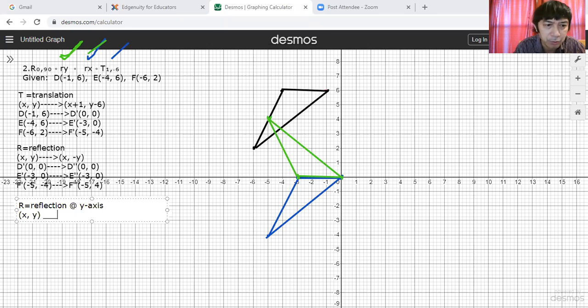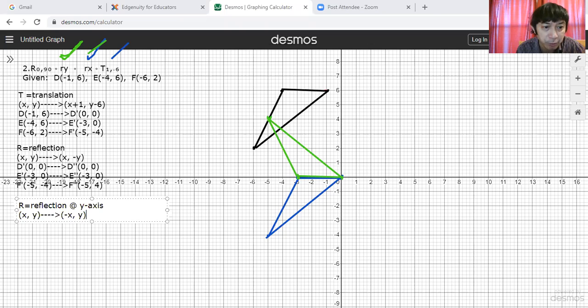How about the rule for reflection about the y-axis? When reflecting about the y-axis, only the x values will change and the y values will not. So that means we're going to have negative x comma y. So the y values will remain the same.